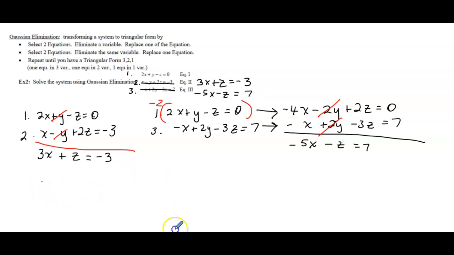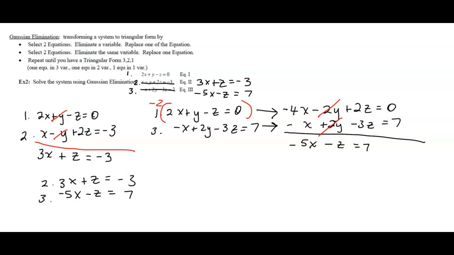So equation number 2 is 3x plus z equals negative 3, and equation 3 is negative 5x subtract z equals 7.